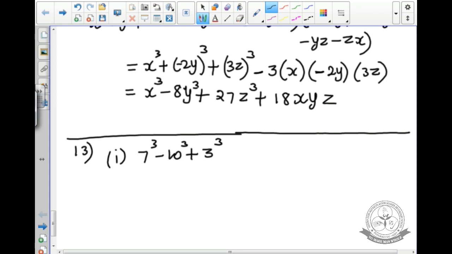In your textbook we have a note, page number 100. In this we will get a formula.